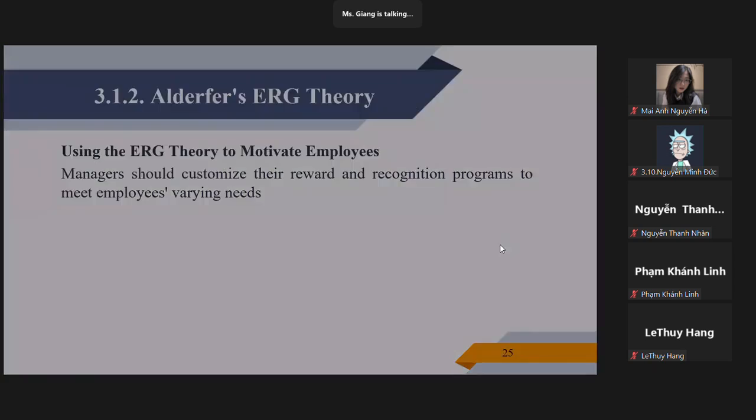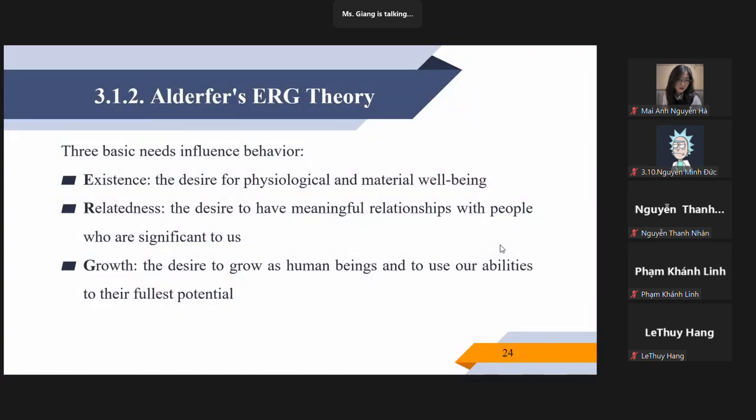So we should satisfy the existence needs, for example, give them the base pay. Relatedness needs would be satisfied by giving employees the chance to do team work. For the growth needs, we should give employees training and programs to help them develop their fullest potential, etc.